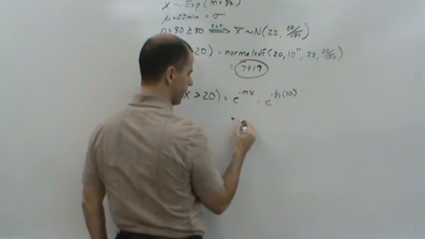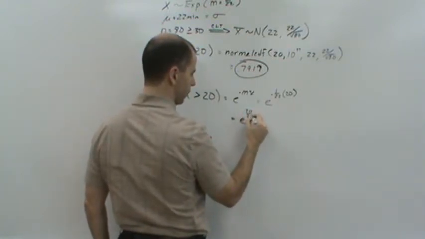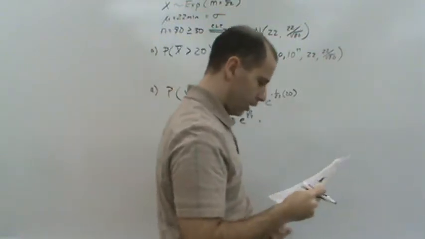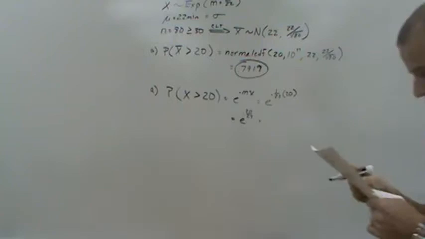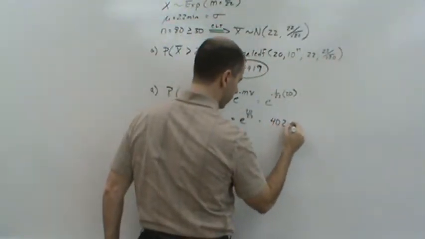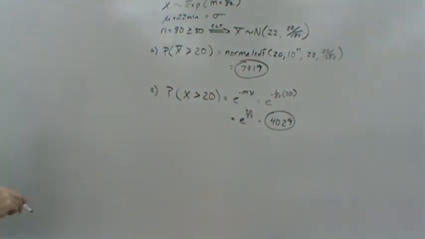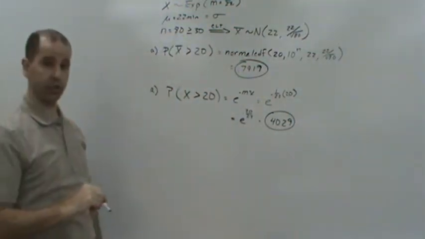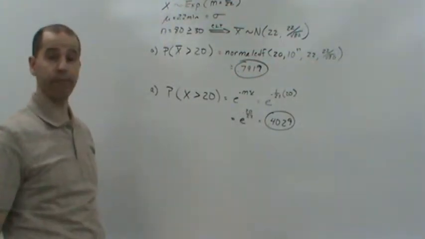And so this is going to equal e to the negative 20 over 22. And then all you have to do is just put that in your calculator. And what do you get? You get 0.4029. Okay, so that should be a recall from chapter 5.